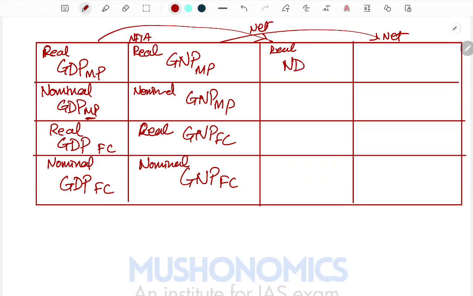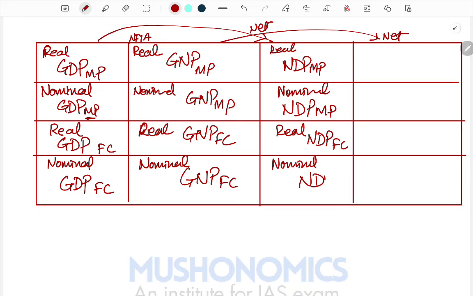So NDP at market price, and here also it will become nominal NDP at market price. Then we can have it at factor cost: real NDP at factor cost, then nominal NDP at factor cost.